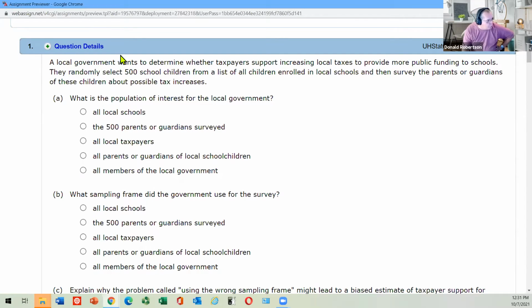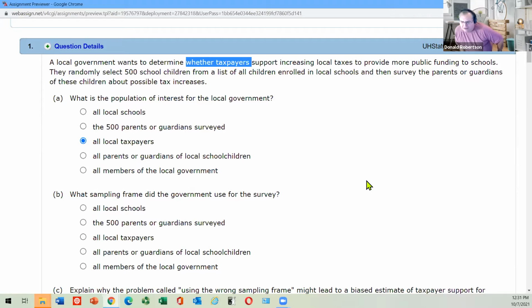You just have to know where to look in the information. So who are they interested in? All the local taxpayers.